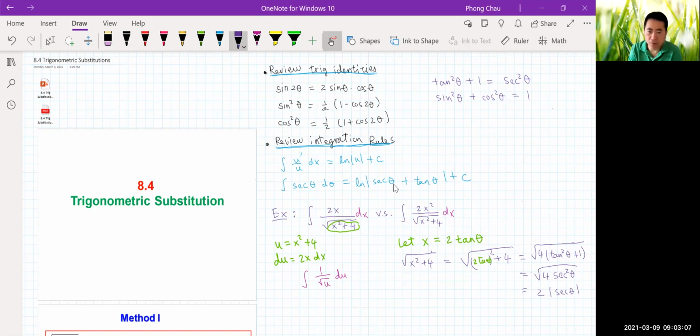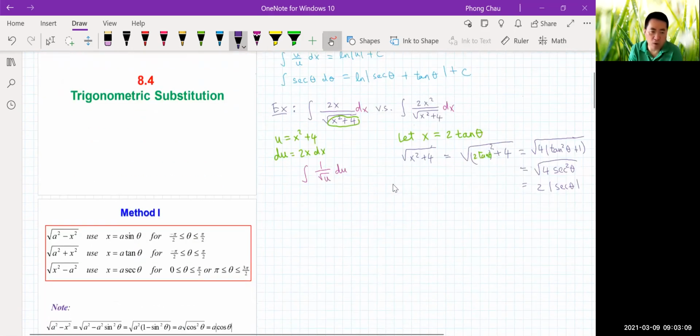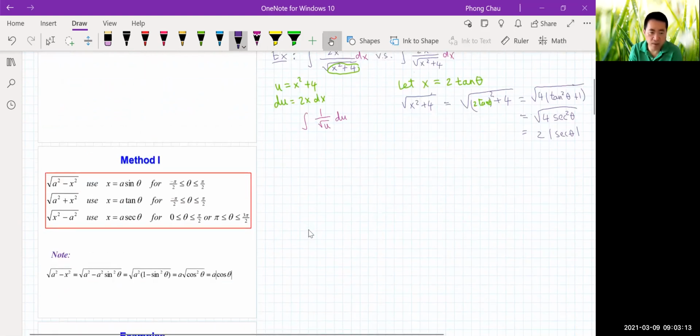Okay, so here is actually method 1. We're going to focus on method 1 for all of these problems. When you have the square root of a squared plus x squared, then you let x be a times tangent theta.